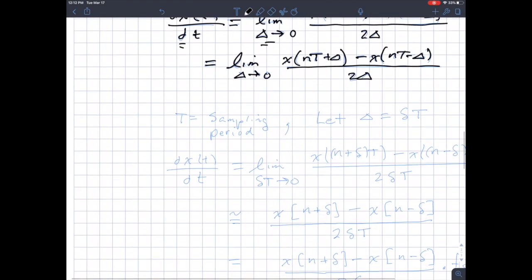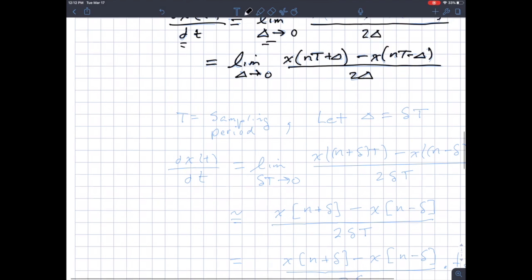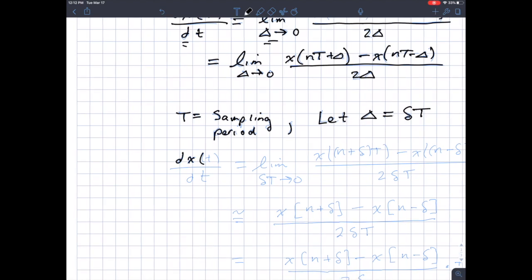By the way, T is the sampling period. On the next step, we let capital delta be lowercase delta times T. All right, so from there, we can plug in.